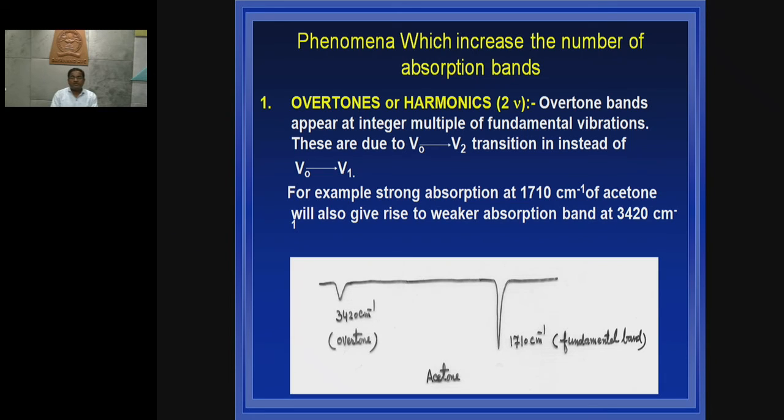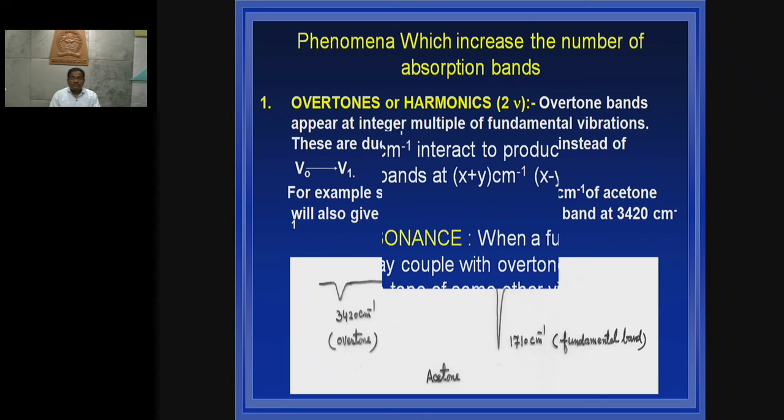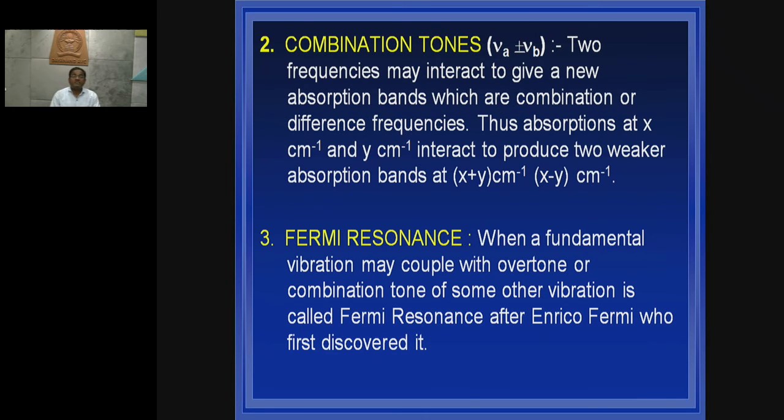One example: the strong absorption at 1710 per centimeter of acetone will give rise to a weaker absorption band at 3420 per centimeter, and this 3420 per centimeter band is due to the overtone. Second is combination tones.